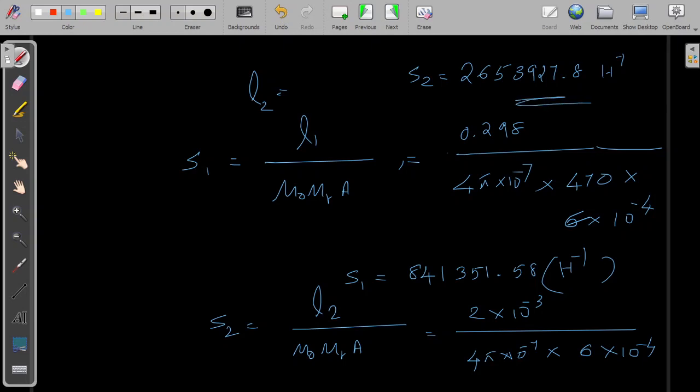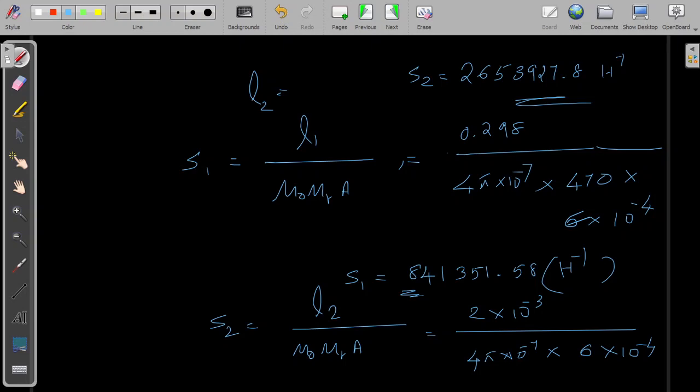Okay, S1 we got. Next we are going to apply KVL as well as Ohm's law, KVL in a magnetic circuit and Ohm's law.